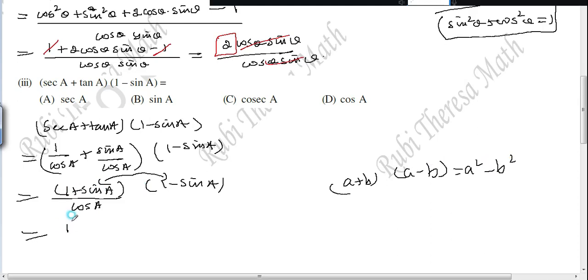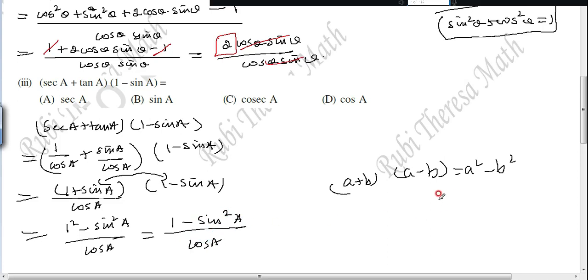In the place of A, what do you have? 1. That is 1 squared minus sin squared A divided by cos A. 1 squared means what? 1. 1 minus sin squared A divided by cos A.